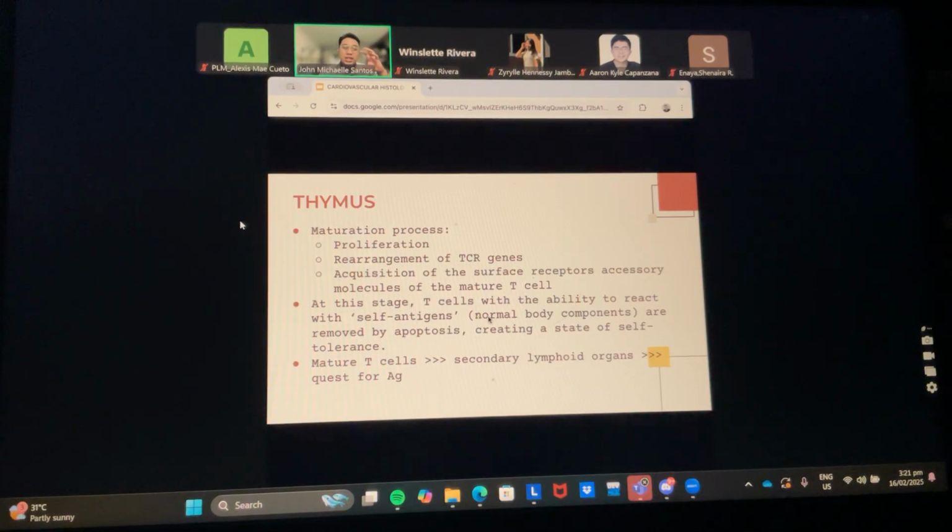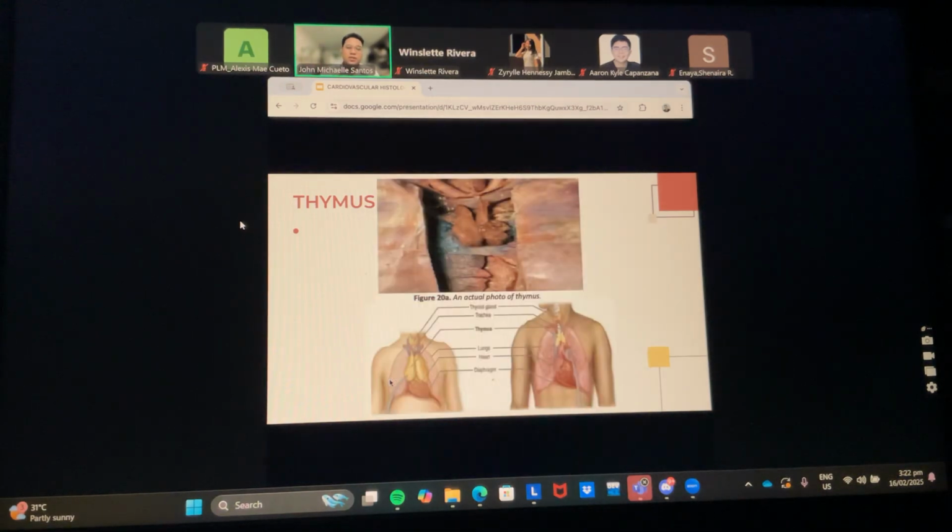So at this stage, T cells with the ability to react with self-antigens are eliminated for tolerance. So kung yung T cells mo pumapatay ng mga self-antigens, pinapatay na sila ng thymus. Okay? So kapag nagmamature naman sila, nalaktawan nila yung screening process, they go now to your secondary lymphoid organs for the quest of antigens. Doon na sila magtitingin or magsusurveillance ng mga invading organisms.